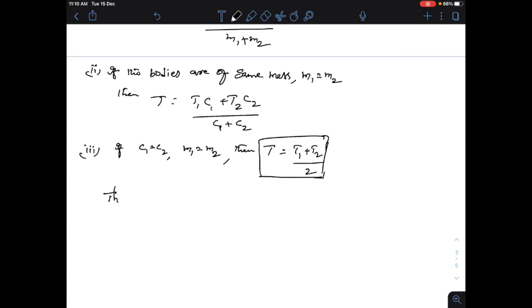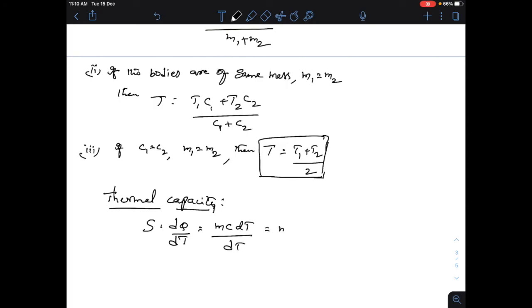Now, let us see thermal capacity. These are used for problems. Thermal capacity is the amount of heat required to increase the temperature of a body by unit degree. So S is equal to dQ by dT. dQ I will write as m c delta T, divided by dT, so that is equal to m c.